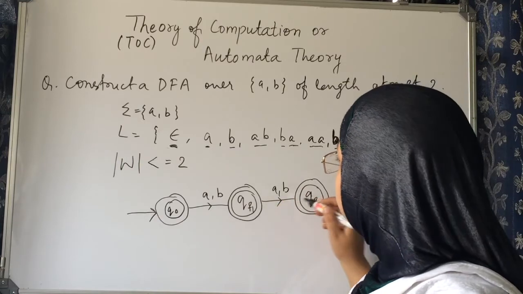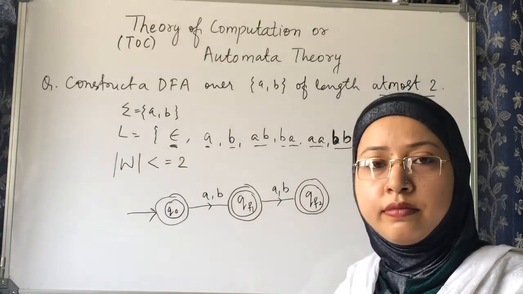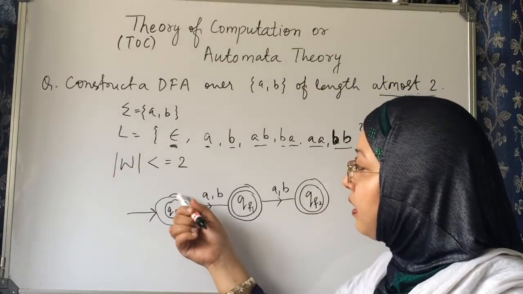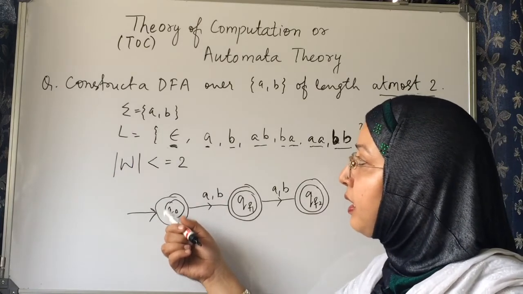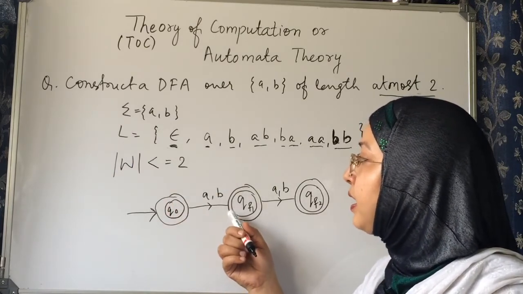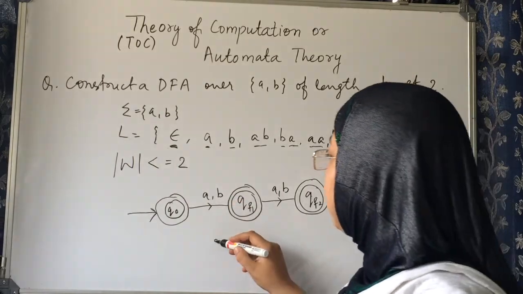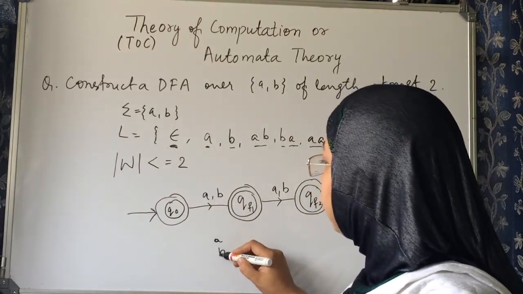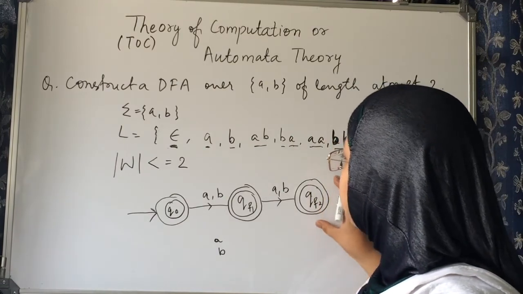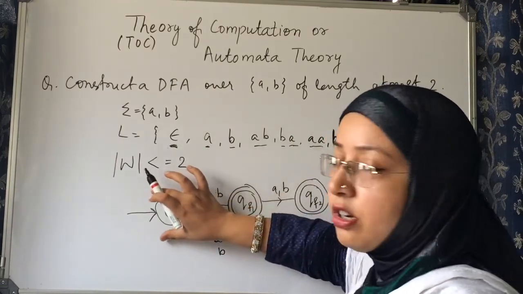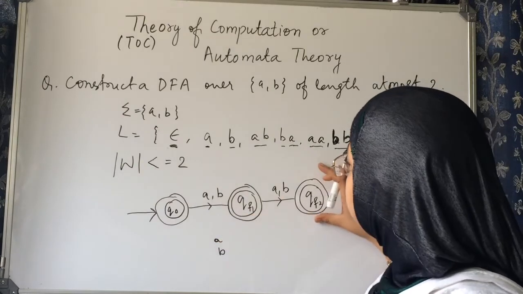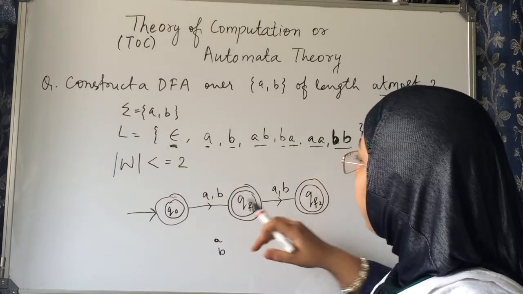So QF1, QF2. Okay. This final state will show that it accepts epsilon. This final state shows that it accepts A or B, means it accepts A also, it accepts B also. This final state, the initial state is this only. So how can it reach here?